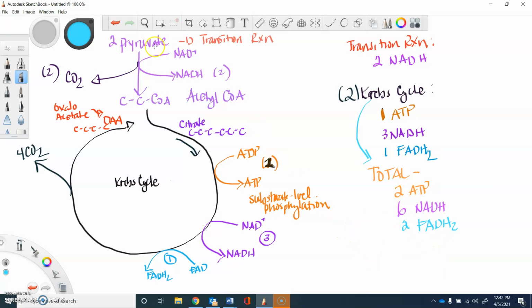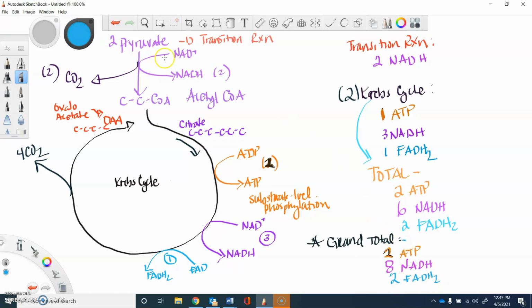Okay, so let's put the grand total here. So the grand total in the mitochondria, when pyruvate comes in, we end up with two ATP, 8 NADHs, and 2 FADH2.